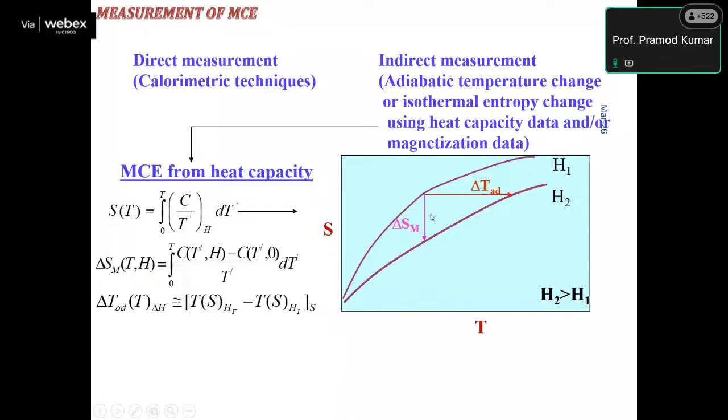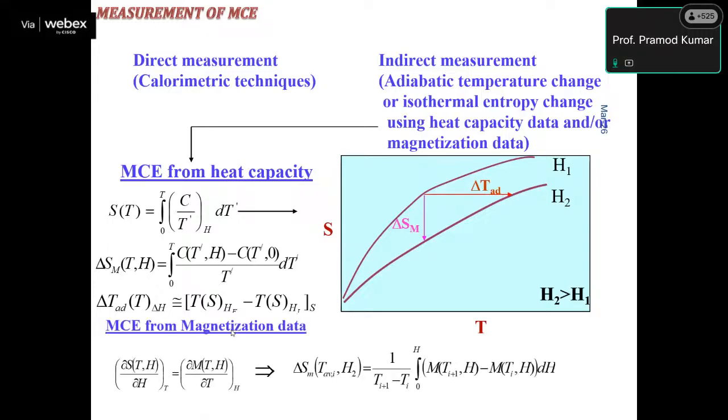At the same time, if we keep this entropy fixed and measure the temperature from this point to this point on the same curve, then we can easily find the change in the temperature. It's known as the adiabatic temperature change in the magnetic material.